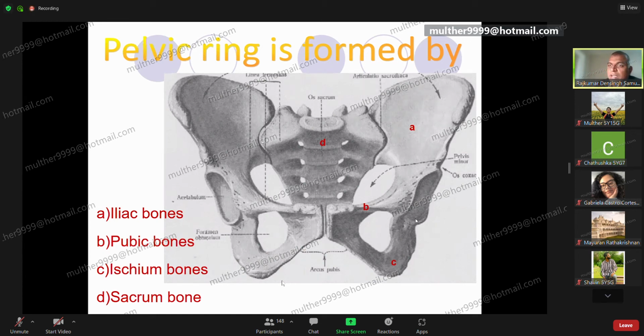We also have the temporary type. When the bone is growing, between the epiphysis and the metaphysis, at the growth plate, we have bone above and bone below. The growth plate is a cartilaginous structure, so this is a temporary type of synchondrosis. As we grow, the growth plate disappears and we have a concrete bone.